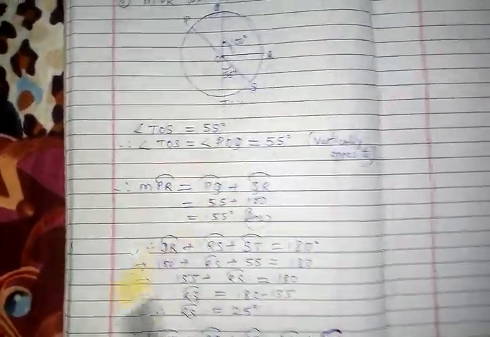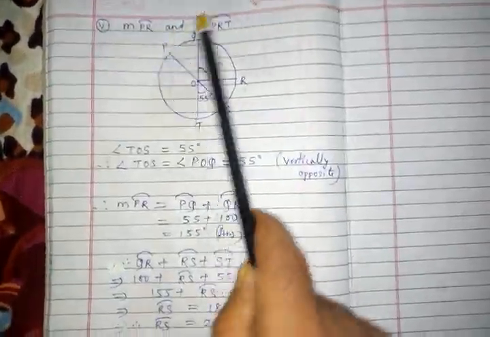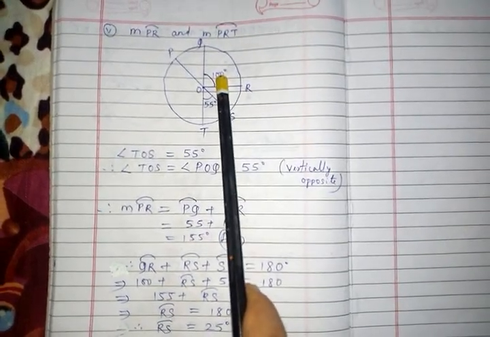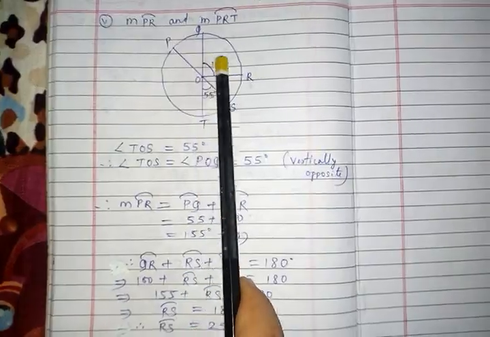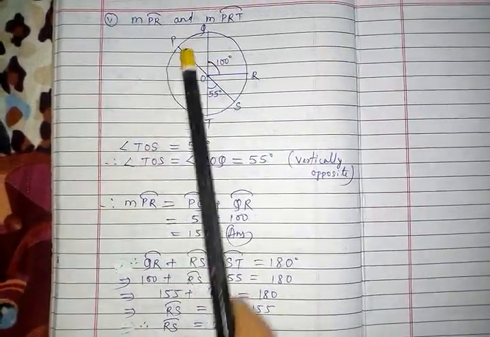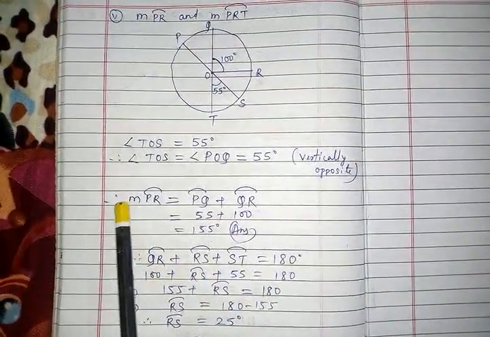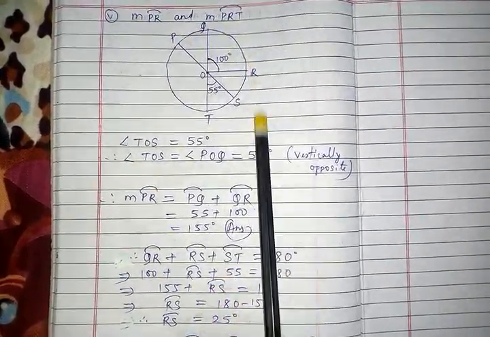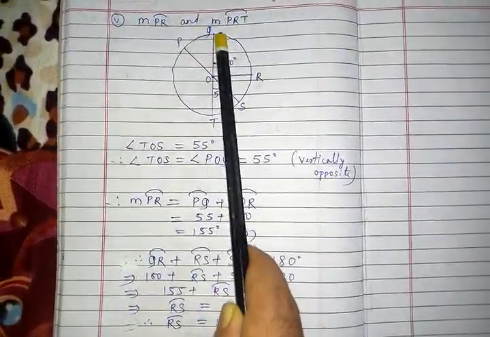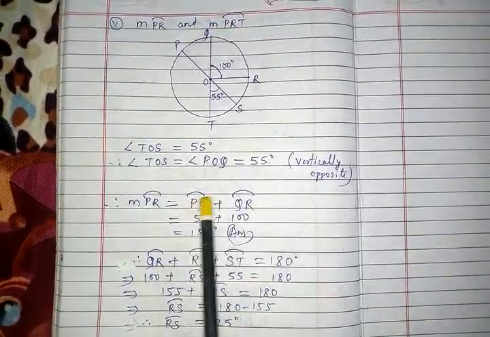So why I wrote this? Now by writing this I will get the answer PR, because I know this is 100. Now I came to know this is 55. 55 plus 100 will be 155. So arc PR is known. That's why measurement of arc PR, that is P to R, will be arc PQ plus arc QR.